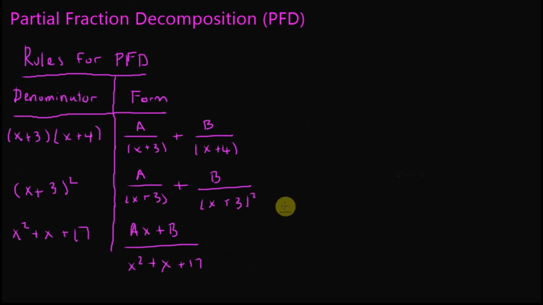Note that these forms only apply when you have a proper fraction, not an improper fraction. If you have a higher order polynomial on the top than you do on the bottom, first you'll need to apply polynomial long division, and then these rules will start to apply again.